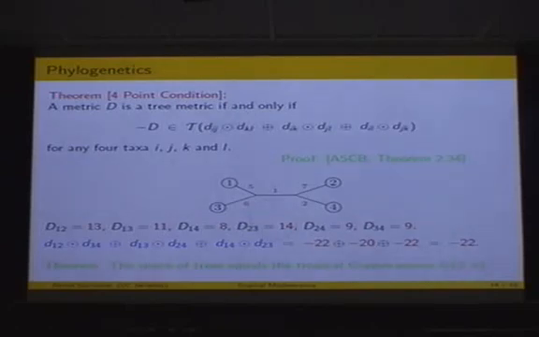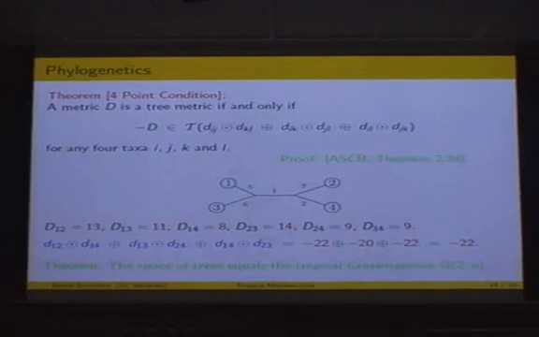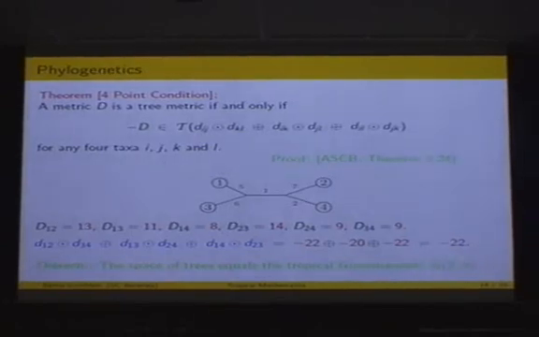But we can reinterpret this theorem here in the context starting tomorrow. We're going to do graduate level algebraic geometry. This is really a statement about algebraic geometry. It says that the space of tree metrics is equal to the tropical Grassmannian, G2n. So the Grassmannian: you take the Plücker equations that define some algebraic variety.